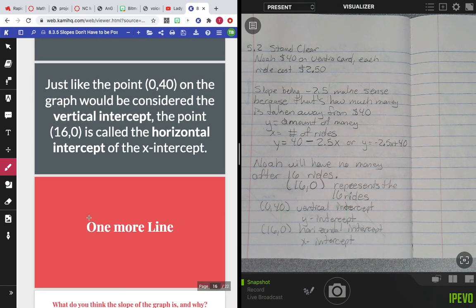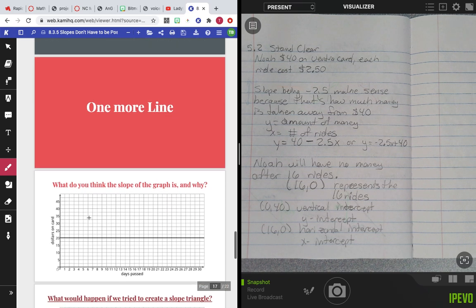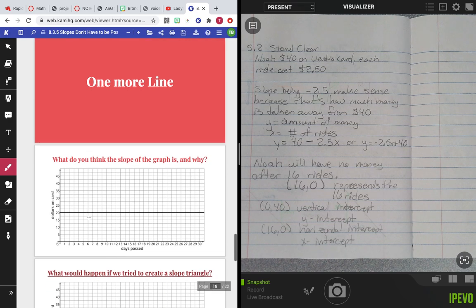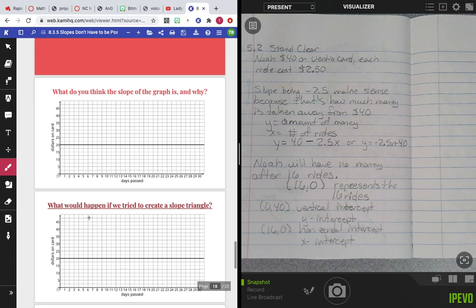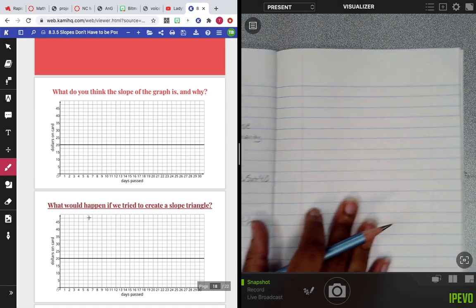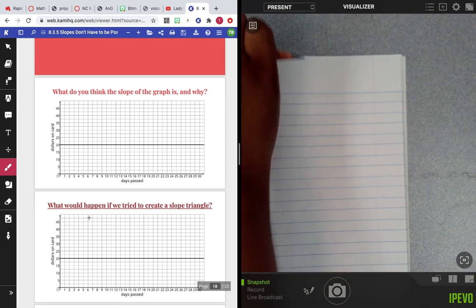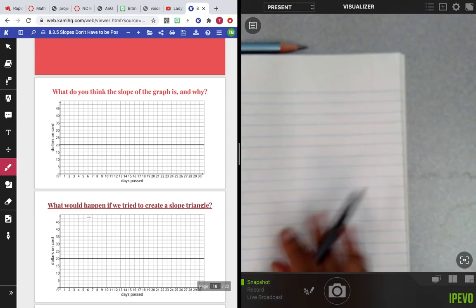So before we leave for today's lesson, we're going to look at one more graph and see if we can interpret what it's telling us or what it means. So here's our graph. What I'm going to do is a quick sketch of what this looks like.